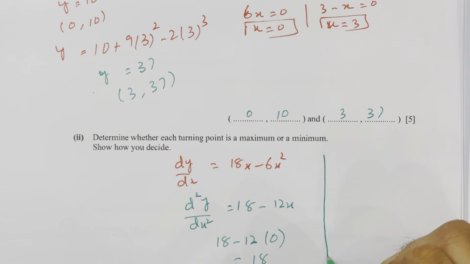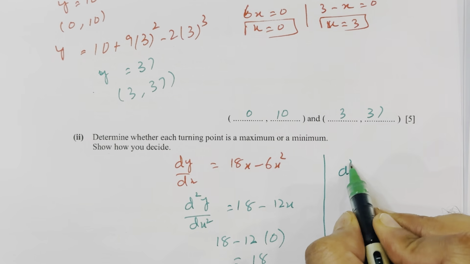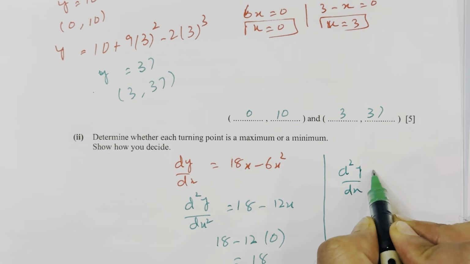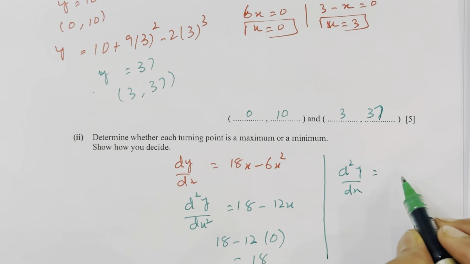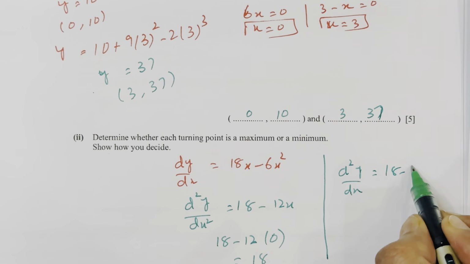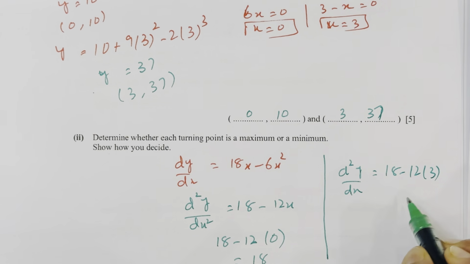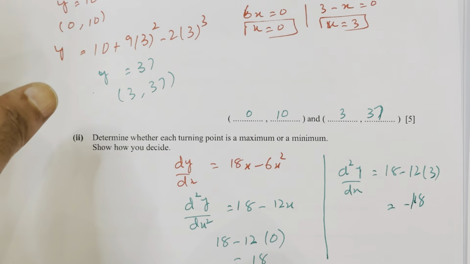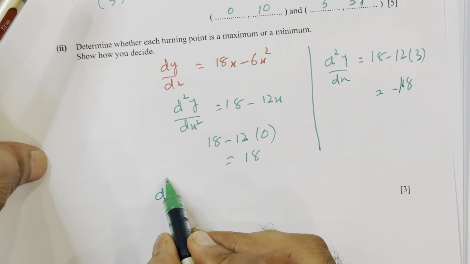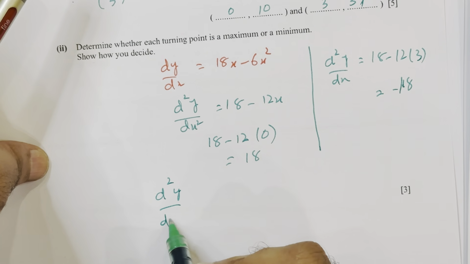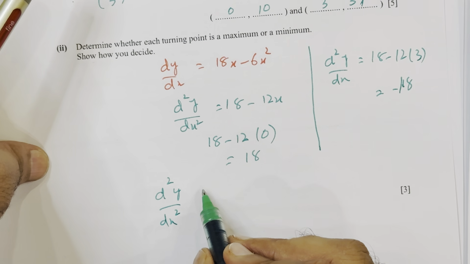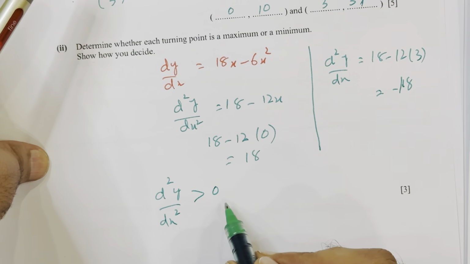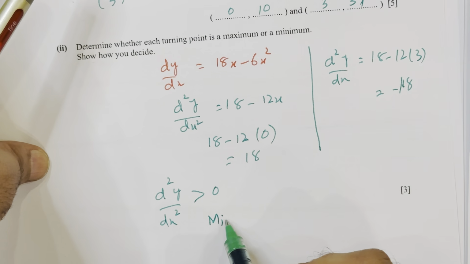And when we put the value x equal to 3 in d2y by dx squared, it would be 18 minus 12 into 3, you get the value minus 18. And you need to memorize this rule. When d2y by dx squared, the second derivative, is greater than 0, it means this is a minimum point.